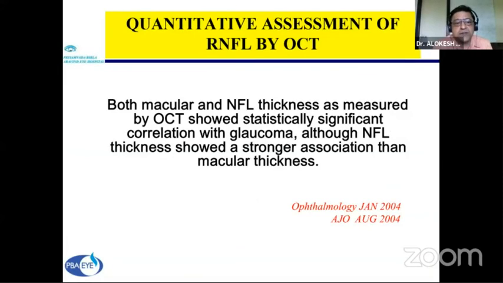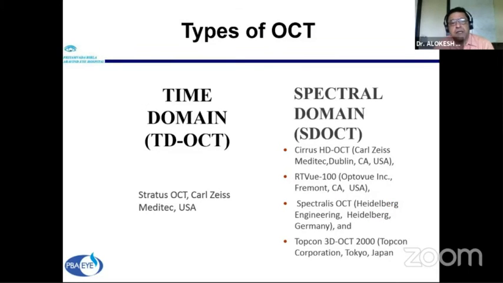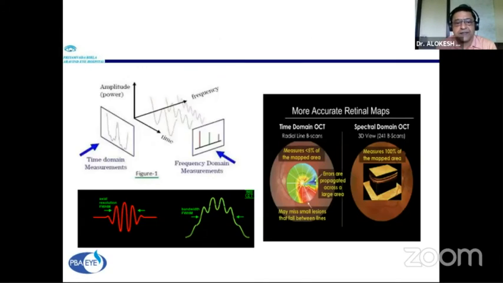On the other hand, it has been shown that both macular and nerve fiber layer thicknesses have a positive correlation with glaucoma. We should think about the 2 types of OCTs, the time domain OCTs and the spectral domain OCTs. The time domain OCTs are gradually being phased out because the spectral domain OCTs have some benefits.